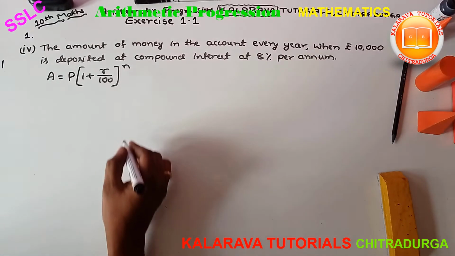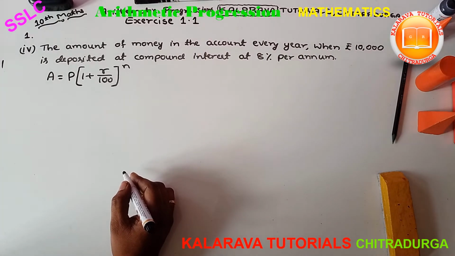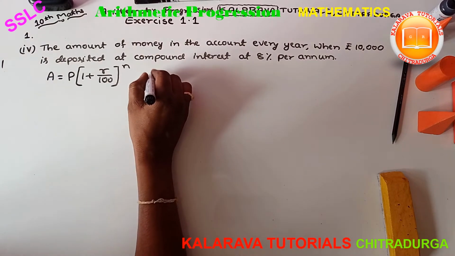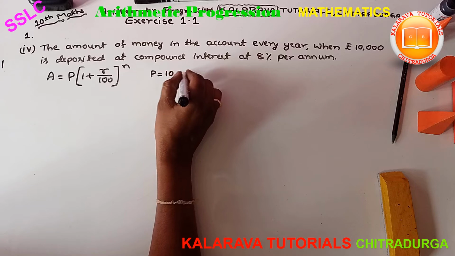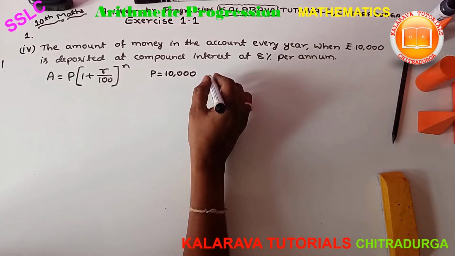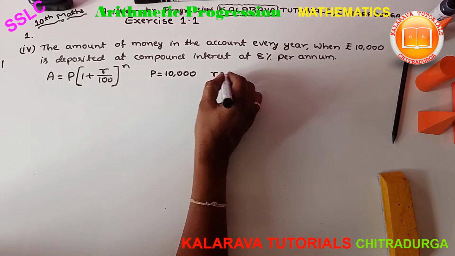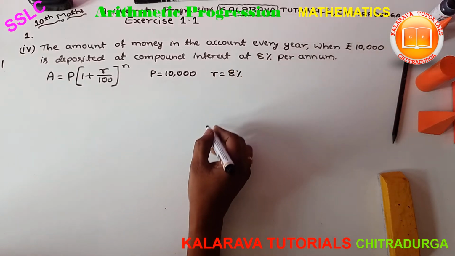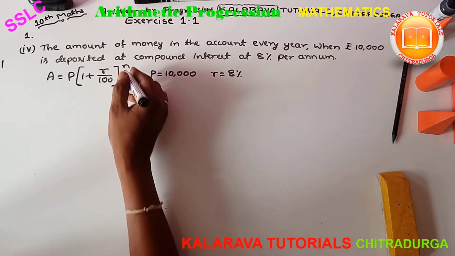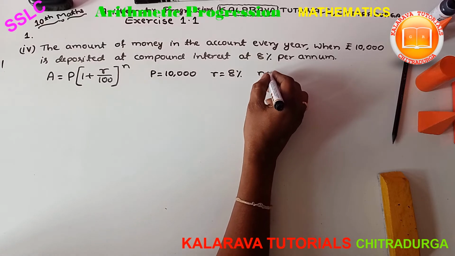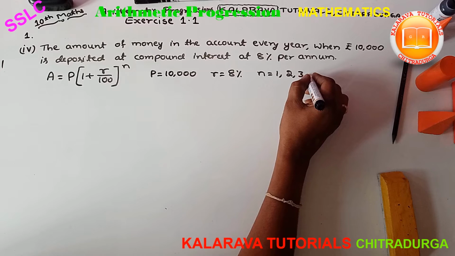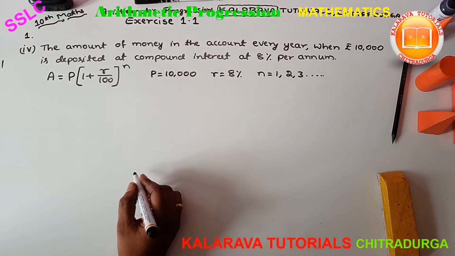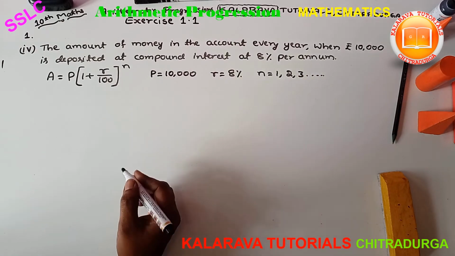They have given that the principal amount P is 10,000 and the rate of interest R is 8%. Here n is the number of years: first year n is 1, second year n is 2, so n is equal to 1, 2, 3 and so on, for finding the amount for each year.